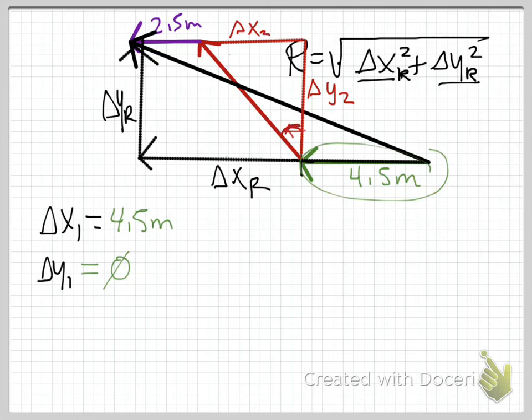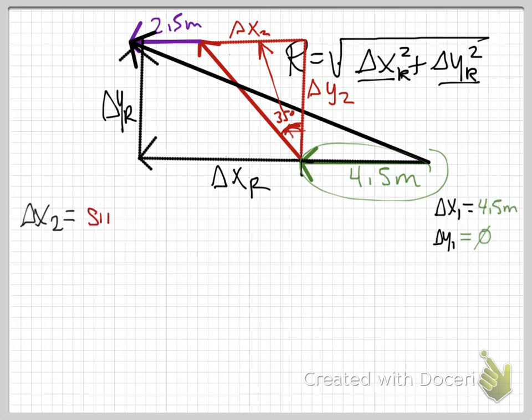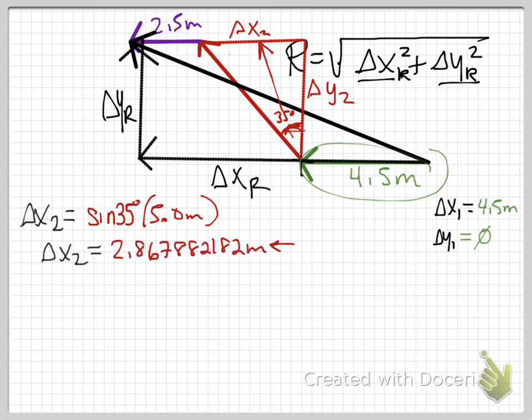Being as that this is our angle, and that this is a 35-degree angle, our x measurement is opposite that angle, so we're going to use sine to find our delta x2. So delta x2 is equal to the sine of theta times 5.0 meters, and that's of course the sine of 35. So delta x2 is equal to 2.867882182 meters, and I give myself the arrow as a reminder that this motion is still west.